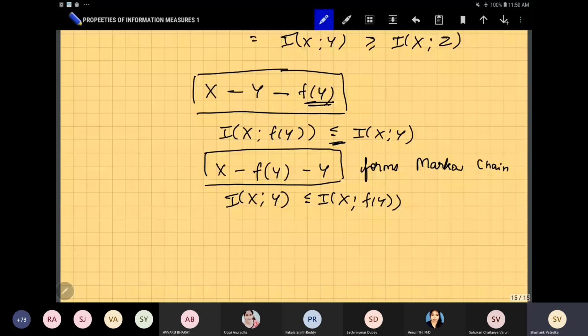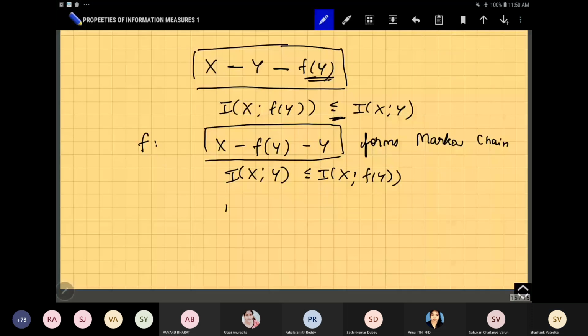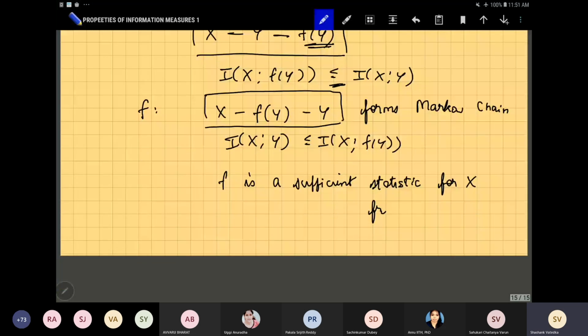So if you have a function f which satisfies the property that x, f of y, and y form a Markov chain, then f is said to be a sufficient statistic for x from y, or given y.